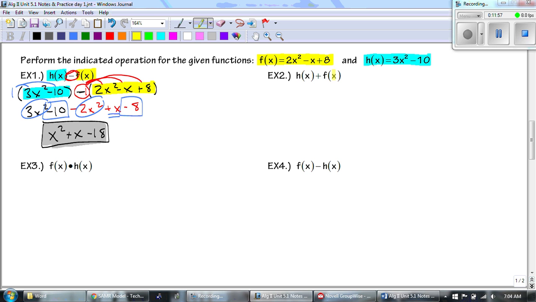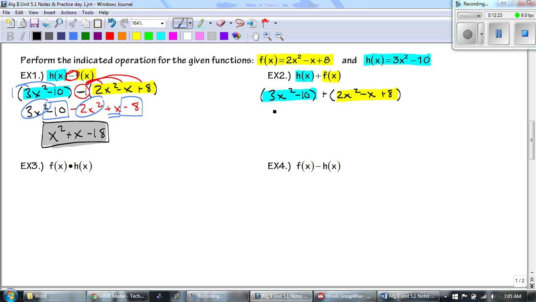Okay? Order matters. We have h of x plus f of x. So 3x squared minus 10 plus 2x squared minus x plus 8. So there's f of x, there is h of x.